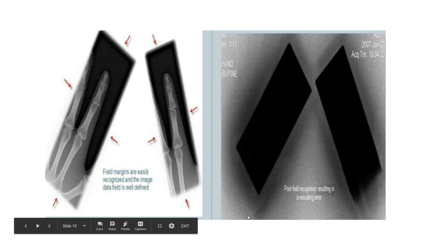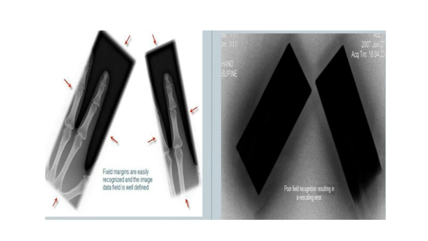So poor field recognition causing a rescaling error. The idea behind this slide that I added just this morning is the technique was good. That's the assumption. You use the proper kV, all those good things. It's just that the computer didn't understand the EFR.